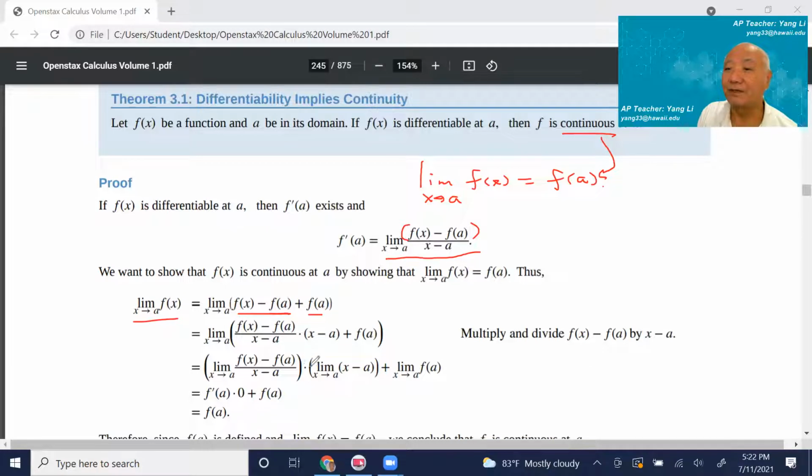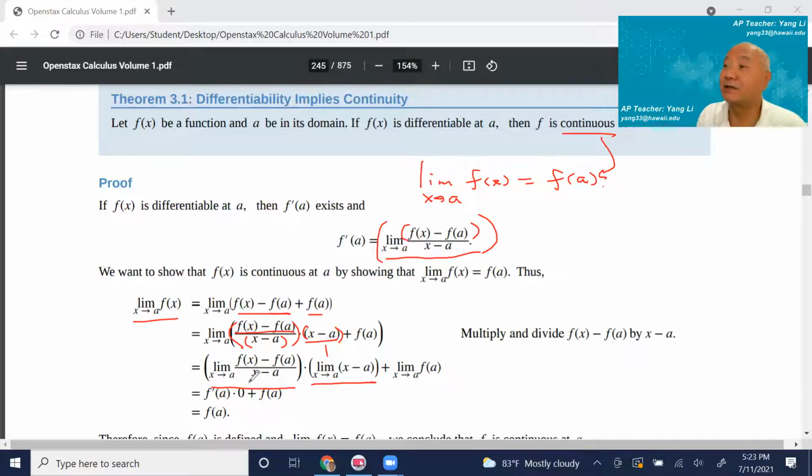So you have this part, and then it is divided by x minus a and multiplied by x minus a. Because we multiply the numerator and denominator by the same number, there is no change in the value of the function, and no change in the limit, right? Then we have the limit of this times the limit of that.